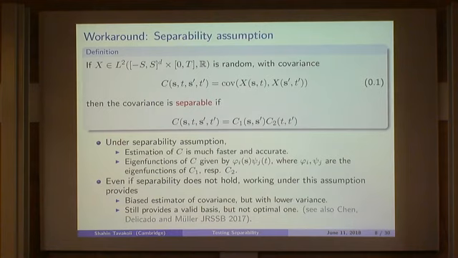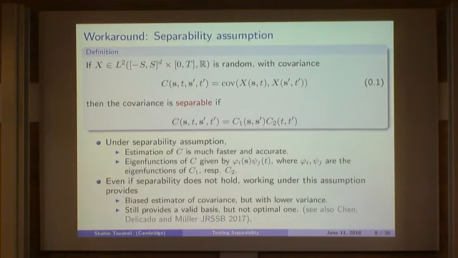And what does separability mean? Imagine a random function x that is a spatial temporal process, so the first variable is a spatial variable and the second one is a temporal variable. Now the full covariance is the covariance between x at points s and t with x at points s prime, t prime.